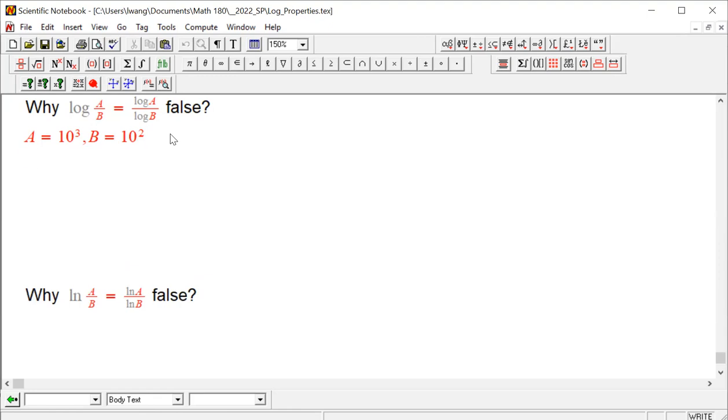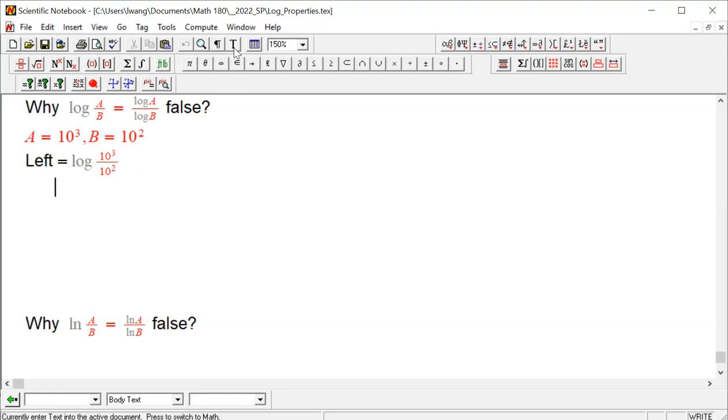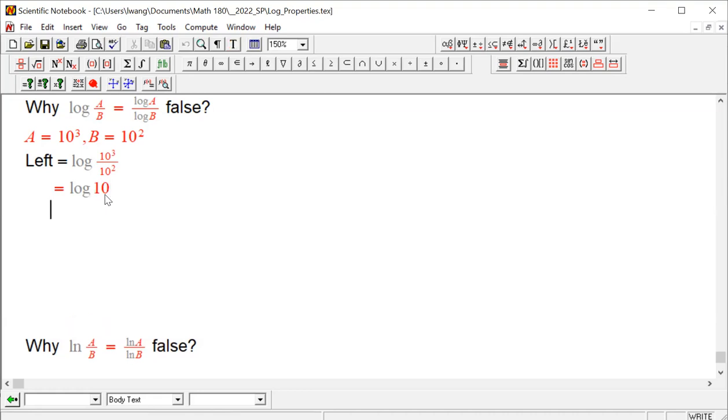Okay, so my left-hand side equals to log, common log, of 10 to the power 3, 1000, over b, which is 10 squared, right? And what does that equal to? We're going to do the quotient first. 1000 divided by 100 is 10. Log 10 is equals to 1, right? So the left-hand side is 1.